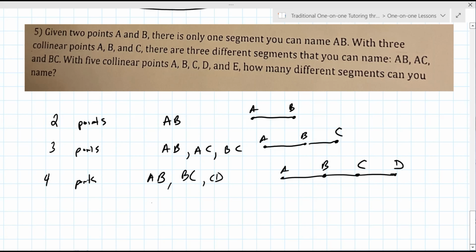We can go A to C and then B to D. But then we can also go A all the way to D. And then we'll have to do the same thing now for 5 points.